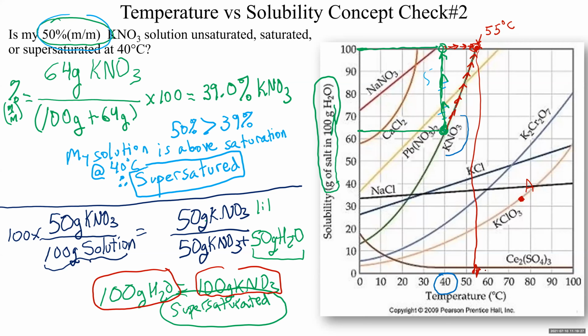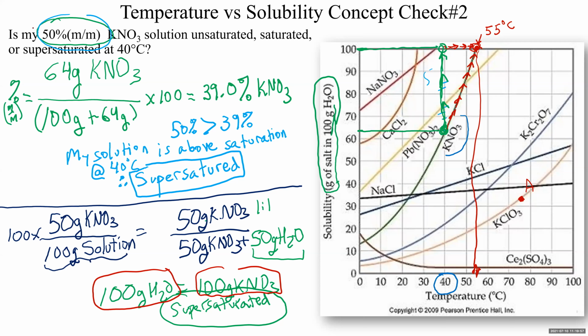So at the 55 degrees Celsius mark, our 50% solution goes from supersaturated to plain old saturated, and all of that potassium nitrate will dissolve. Or sorry, not 64. All 50 grams will dissolve, or 100 grams, or whatever it happens to be.